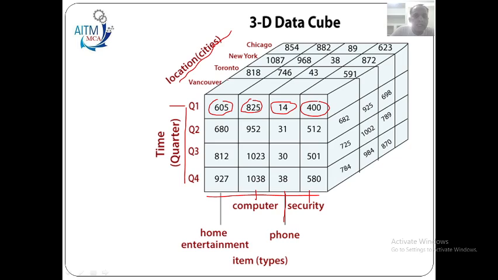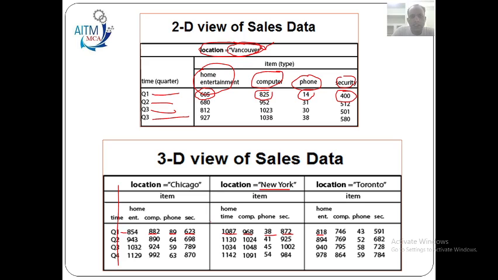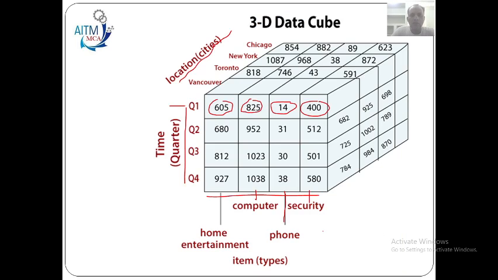Then similarly for Toronto, New York, and Chicago, if you see what the figure is for home entertainment in the first quarter: 854, 1087, 818. See here now, Chicago 854, New York 1087, and Toronto 818.